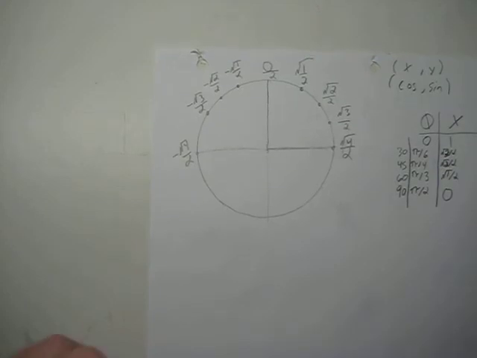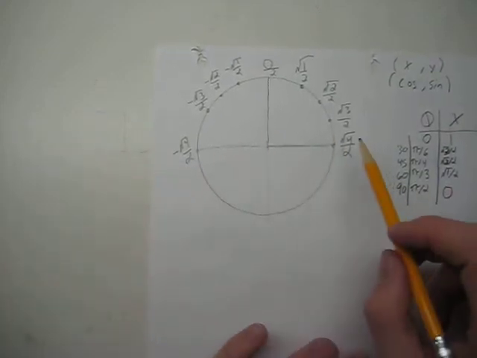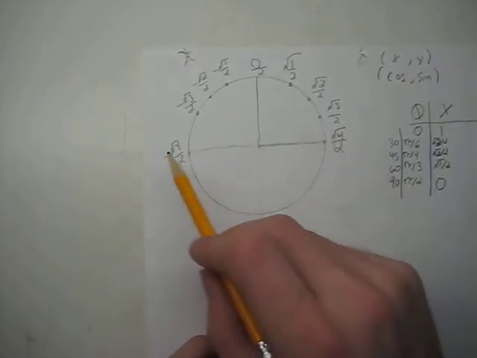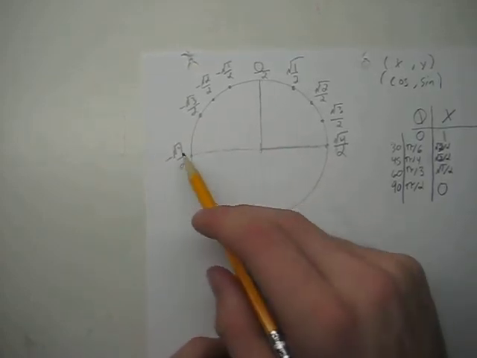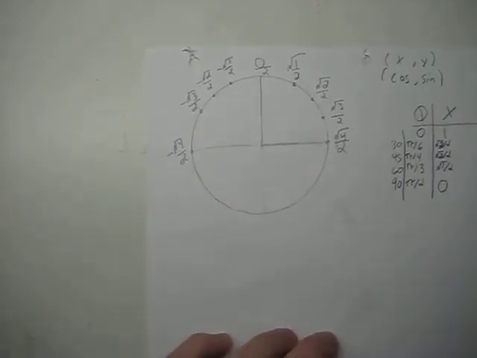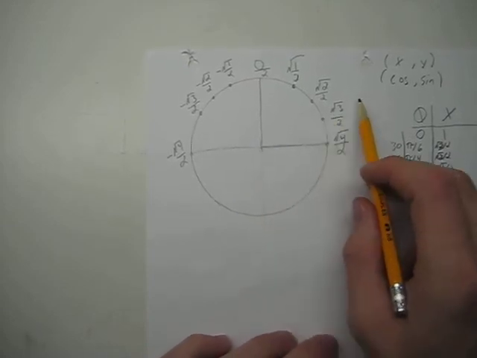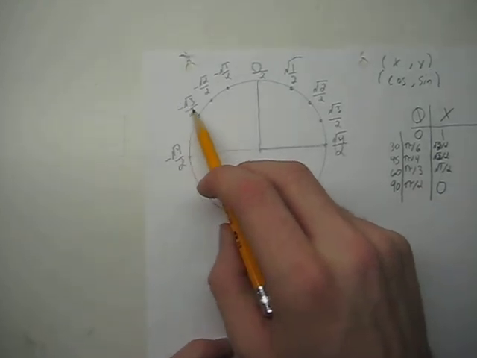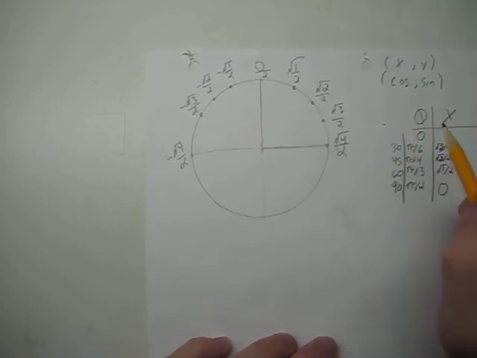Okay. And if you think about it, this makes sense. The value right here corresponds to this value, except it's opposite over here, because it's the x value, and x is negative when it comes over here. Likewise, this one, the square root of 3 over 2, corresponds to this one, which is negative square root of 3 over 2.